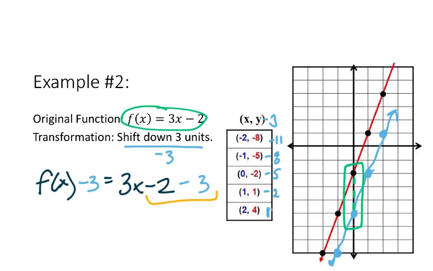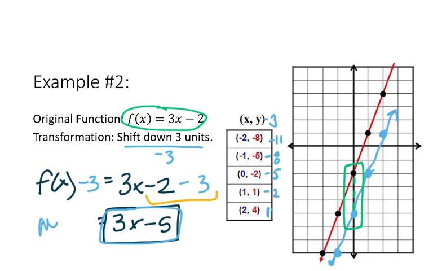So negative 2 and negative 3 actually combines together to make 3x minus 5. And that is actually our entire new equation that will graph this blue piece over here instead of the red. New function.